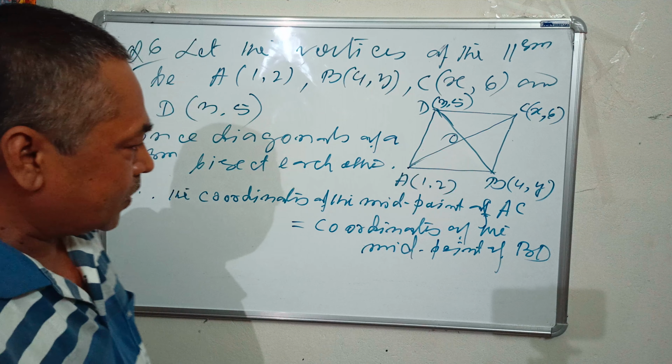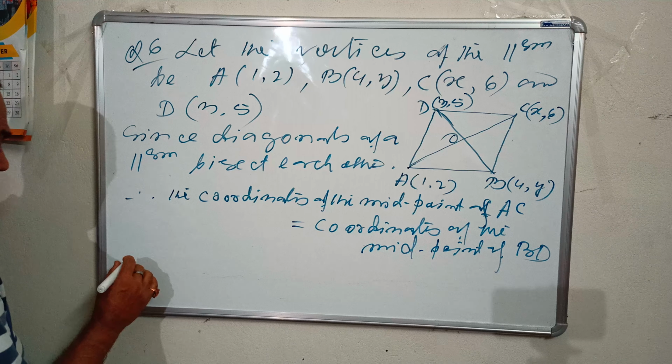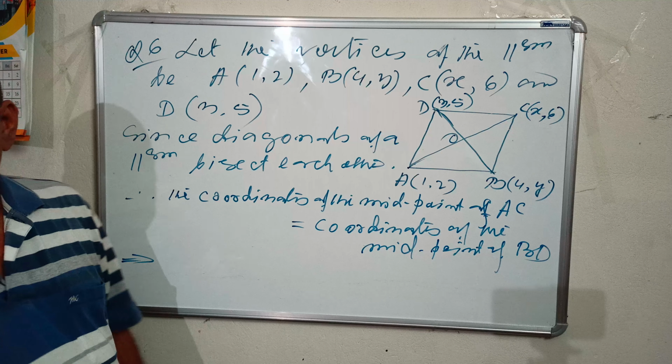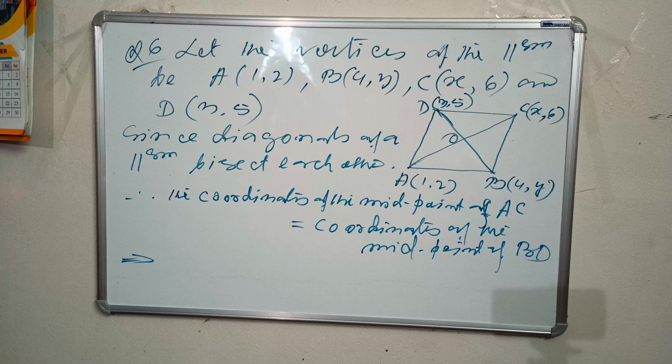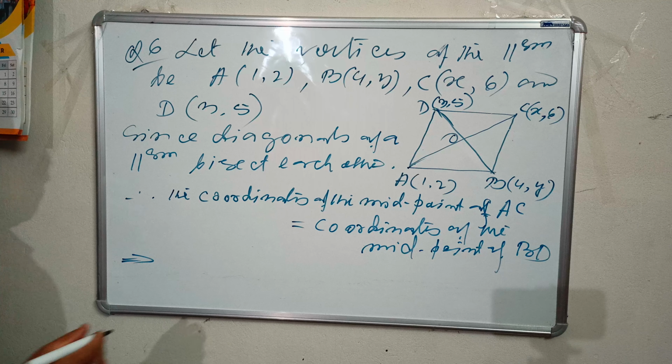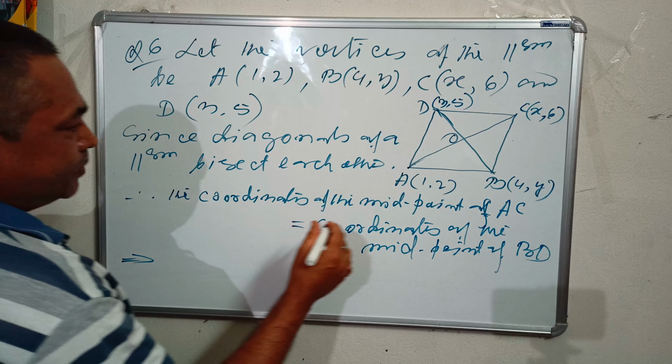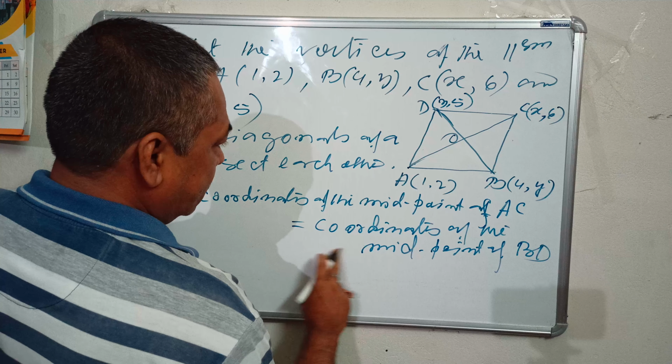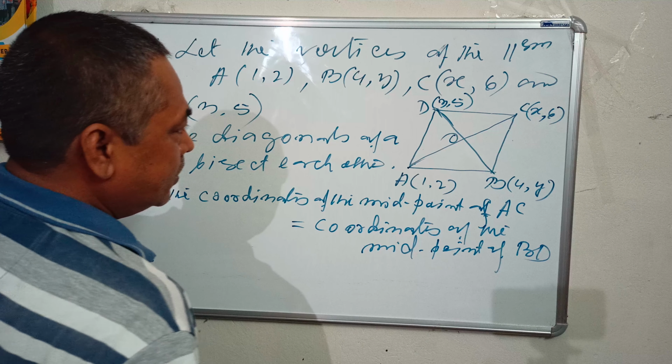So this implies the coordinates of the midpoint of AC equal the coordinates of the midpoint of BD.